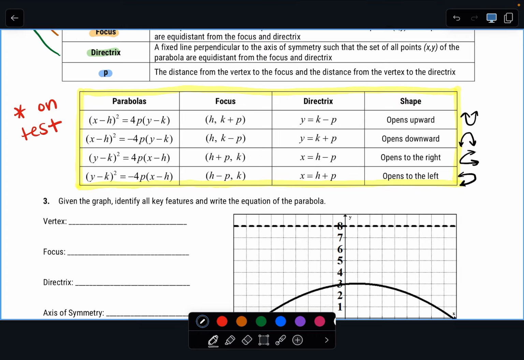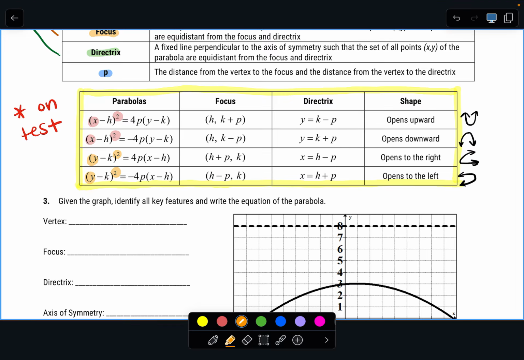The formulas differ a little bit. Up and down pair together, left and right pair together. What I want you to notice is that for up and down, it's the x that's being squared, and for left and right, it's the y that's being squared. That's how we first decipher which one we're going to use.